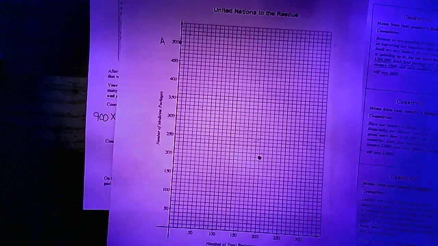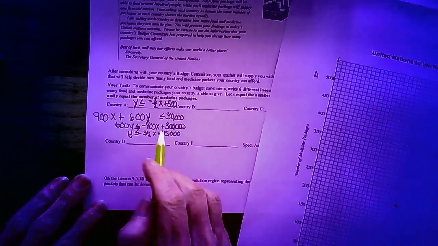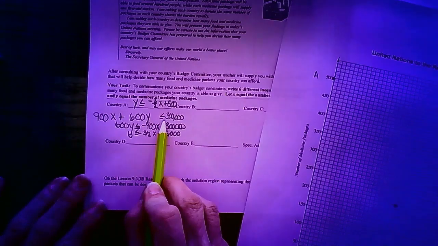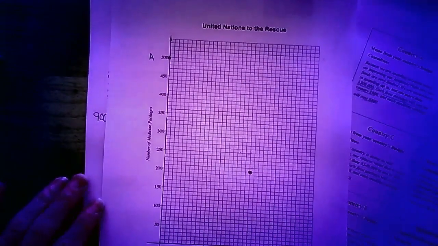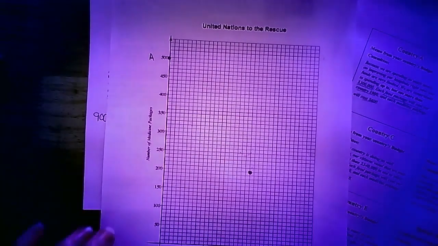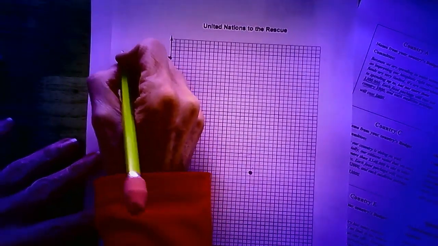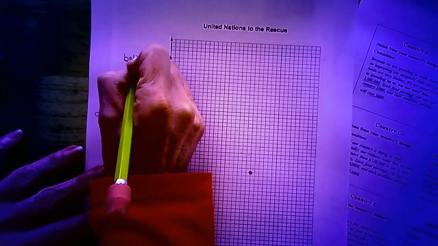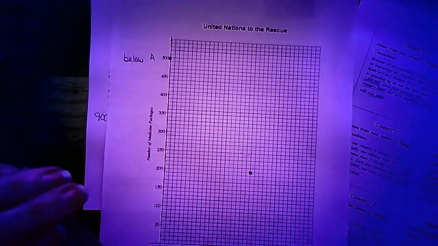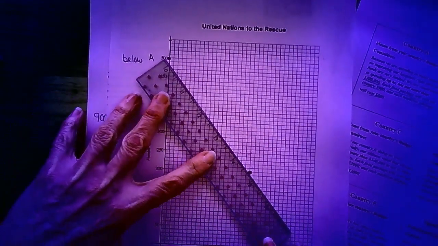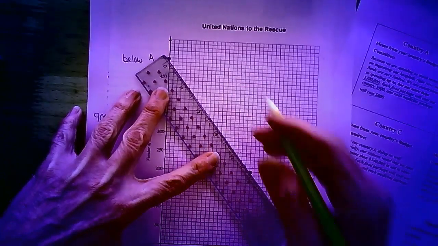Now, if I can spend at most, that was my less than or equal to. So I'm going to do a solid line, and then I'm not going to shade yet, but because it was a less than, I'm just going to write below here because I'm going to have to see where I end up overlapping. So here we go.